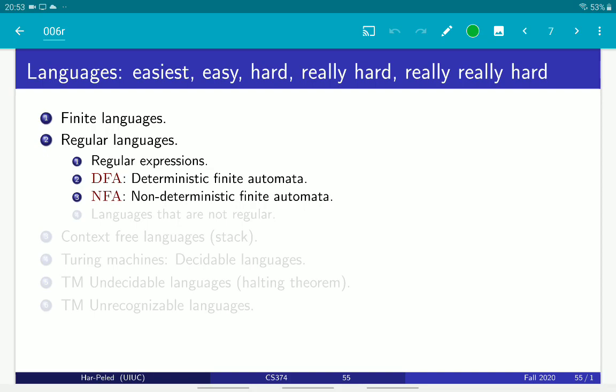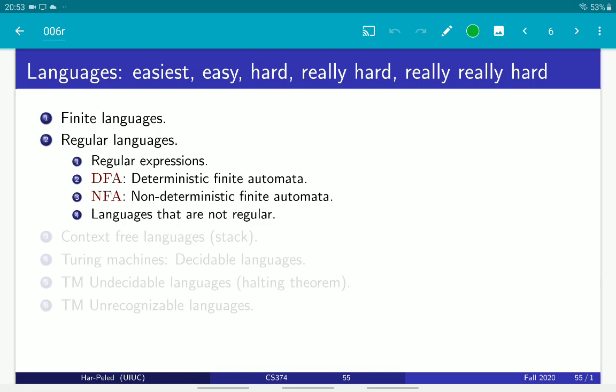That's the non-determinism. Another way of thinking about it is that the finite automaton can fork itself, right, and run in parallel universes. And if in one of those parallel universes it accepts, then it accepts the input.